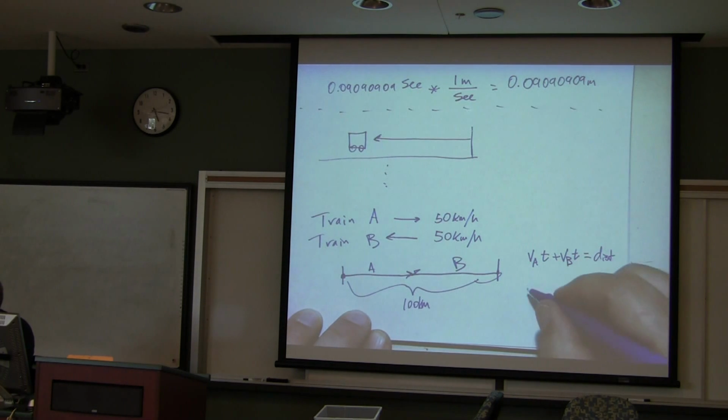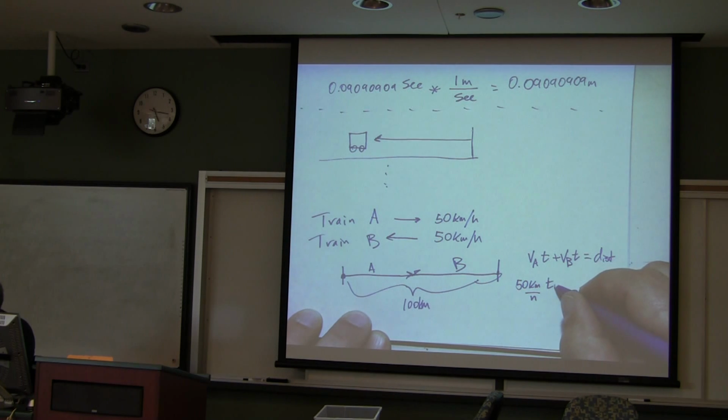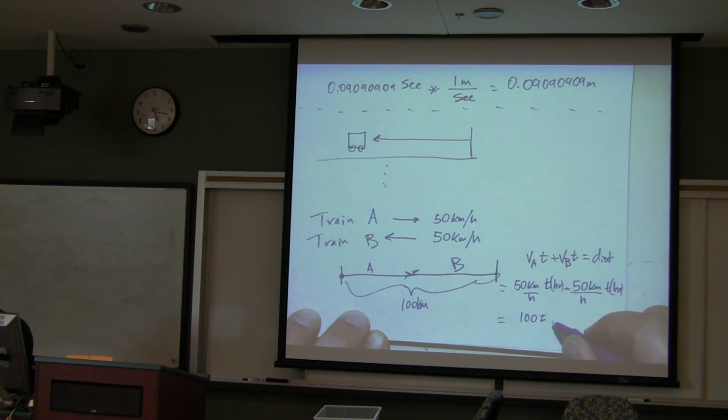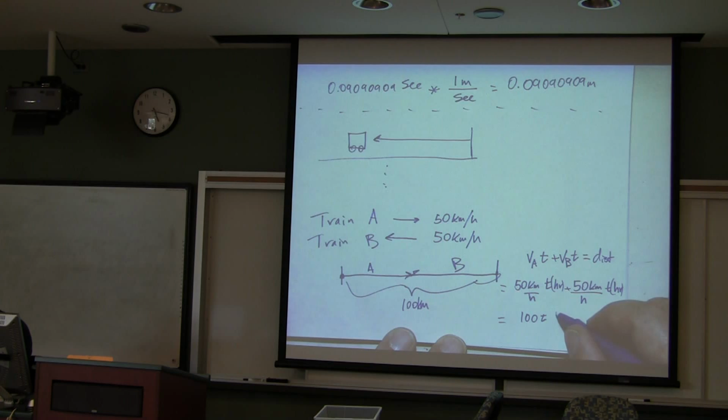In this case, velocity is 50 kilometers per hour times t hours, plus our velocity of B, again 50 kilometers per hour, times t hours, which is going to be obviously 100 kilometers per hour times t.